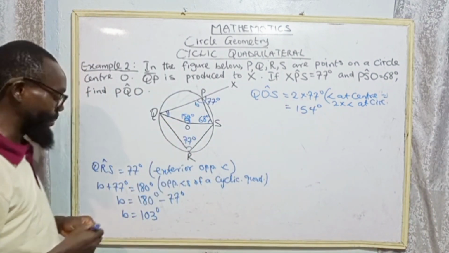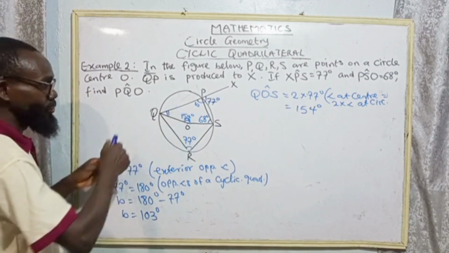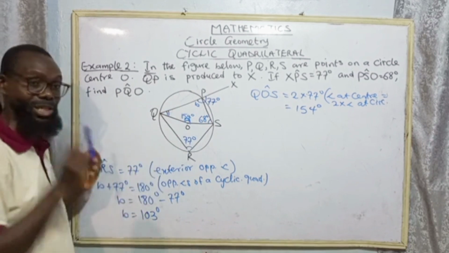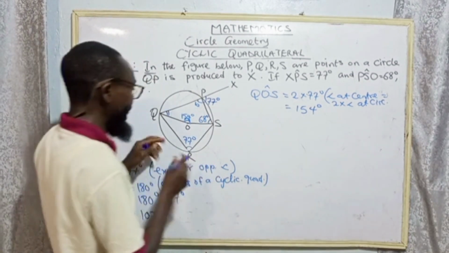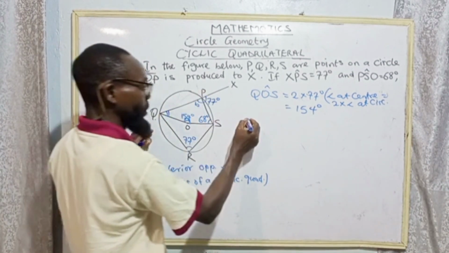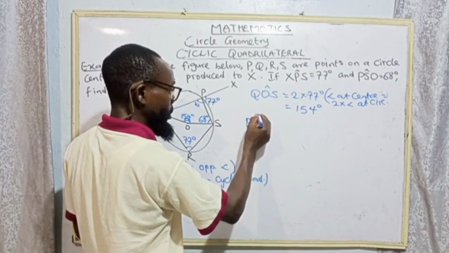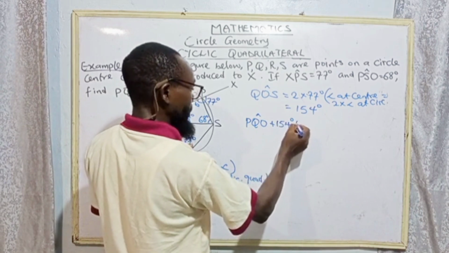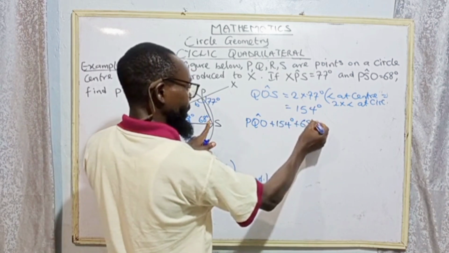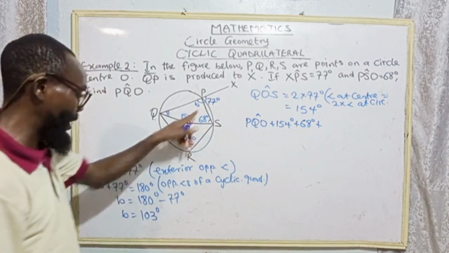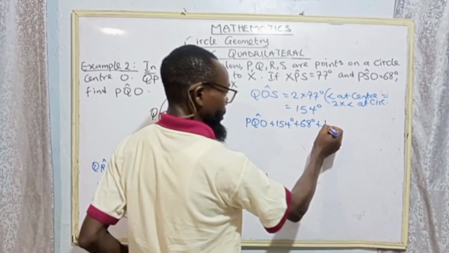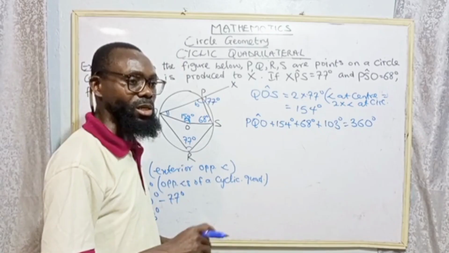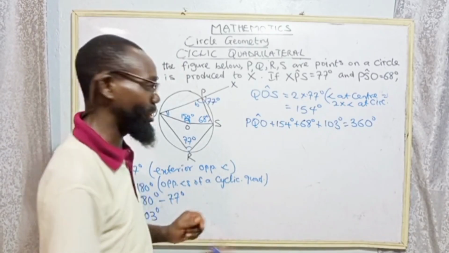Don't forget, we've gotten our B to be 103. Sum everything up in this place, it's going to equal 360 degrees. That is angle PQO plus the angle here, 154 degrees, plus 68 degrees, plus the angle B that we got, 103 degrees, equals 360 degrees. Reason: sum of angles in a quadrilateral.